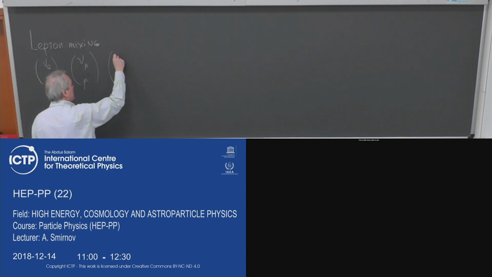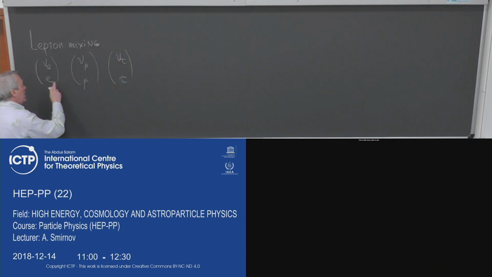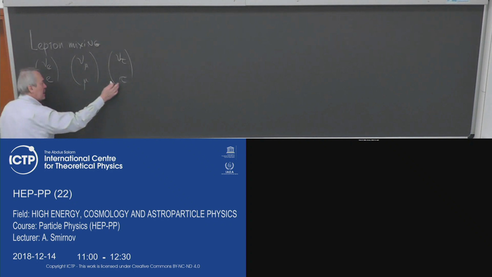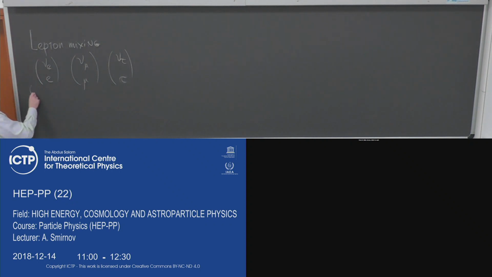of leptons. And we refer to e, mu, and tau as electron, muonic, and tau flavors. So, flavors. Correspondingly, nu e, nu mu, and nu tau are neutrino states with definite flavors. Actually, there is a difference from the quark sector, because in the quark sector we usually refer to flavor as the states with definite masses.